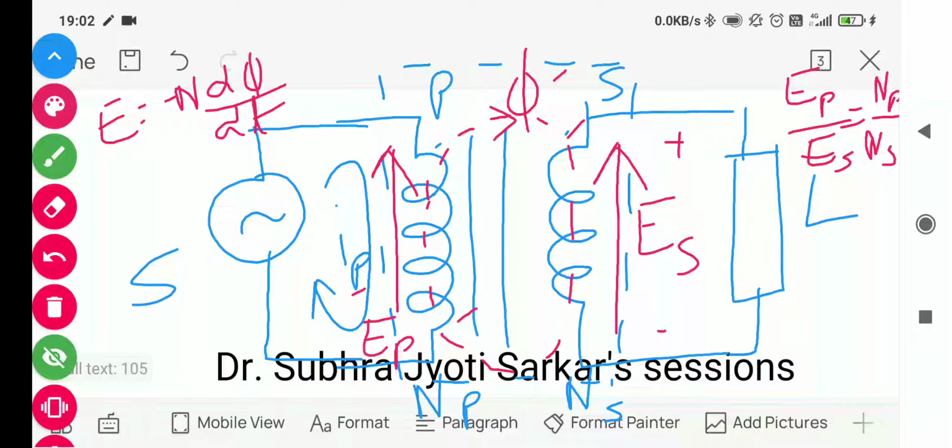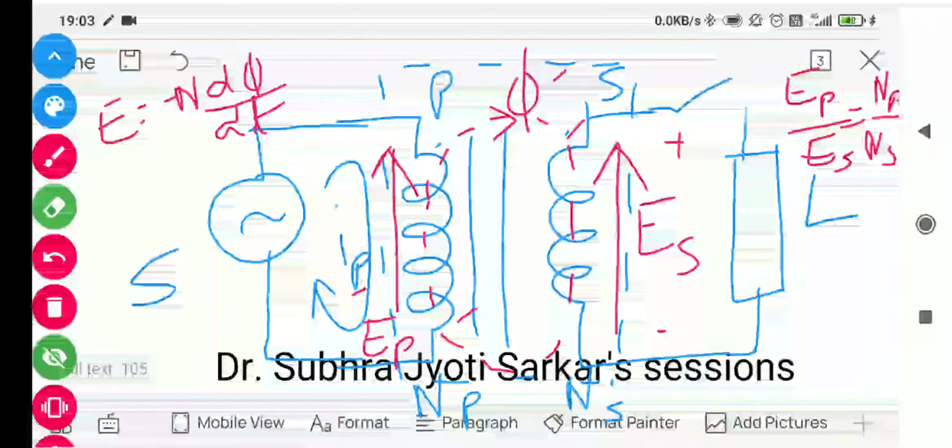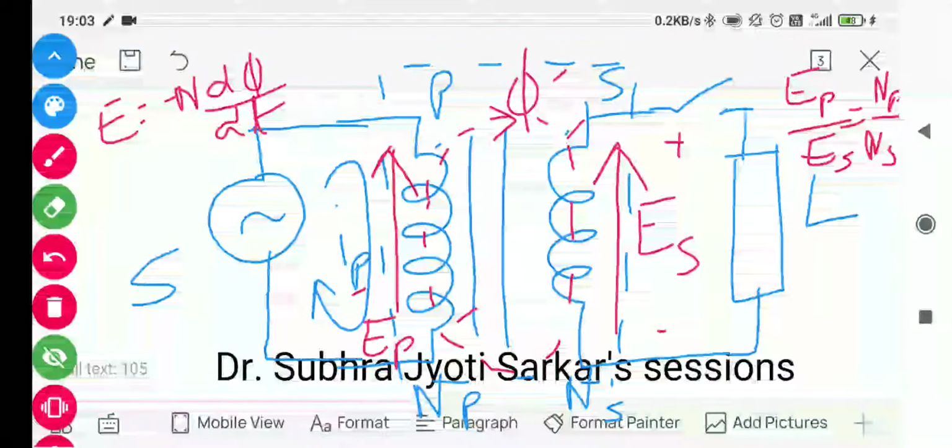Now we could see that some voltage is being generated in the secondary side. Let me consider the secondary side first, then we will consider the primary side. We have a voltage in the secondary side. Now let us suppose initially the load is not connected. We have a switch arrangement here and it is off.